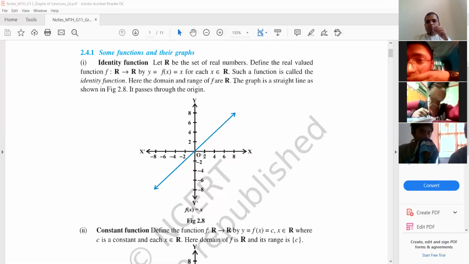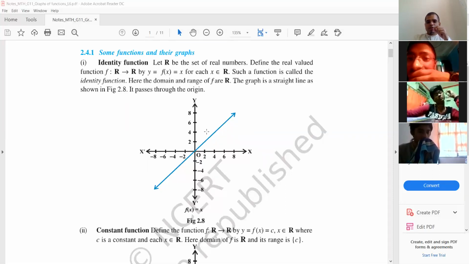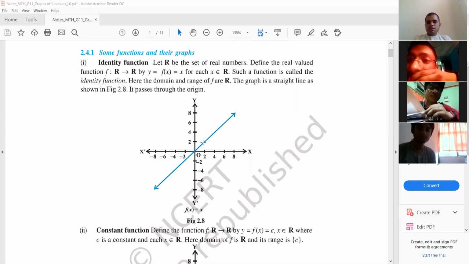You first come to 2 on the x coordinate, then go to 4 on the y coordinate, and mark that point. In this way you mark at least 4, 5 points, and then you draw the graph by joining those points. I just reminded you; I hope all of you have done this in class 10. So in this way we plot a graph.